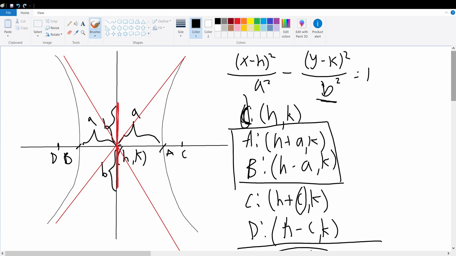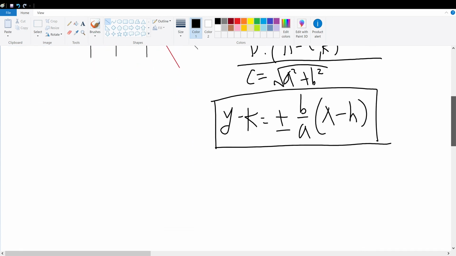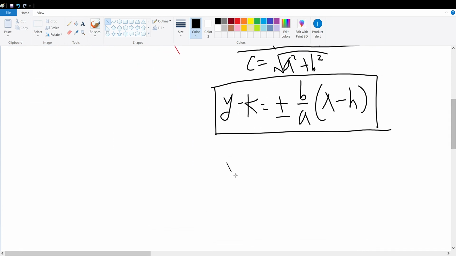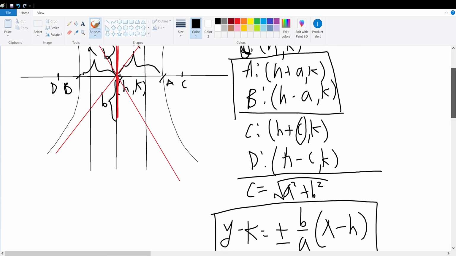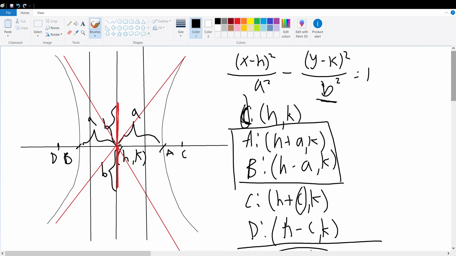As a brief preview, there will be a directrix between its center and vertex, and there will be two, as such, right here in these black lines that I've just drawn, and its eccentricity will be greater than 1. And there we have concluded all of the information for a hyperbola with (x minus h) squared over a squared minus (y minus k) squared over b squared equal to 1.